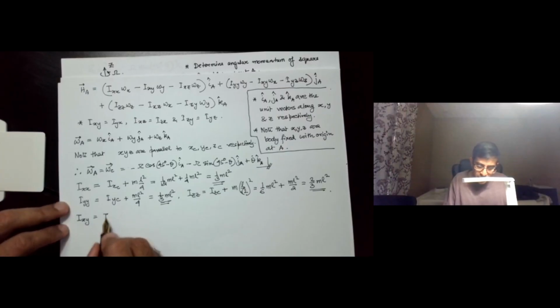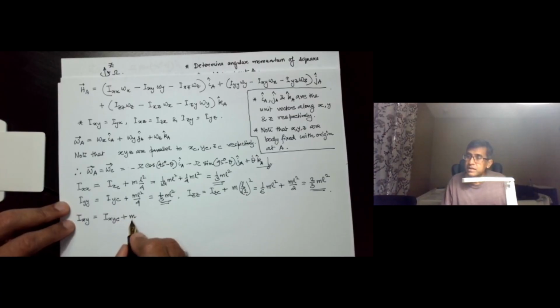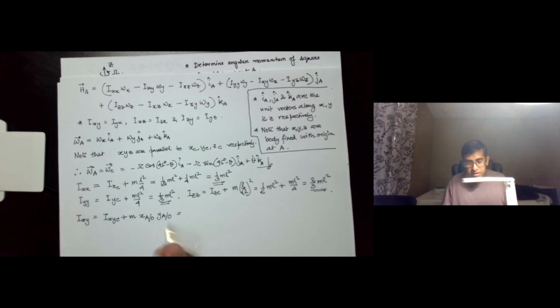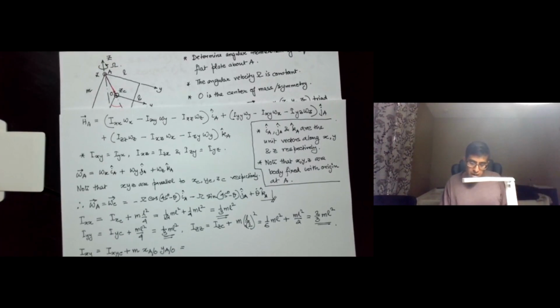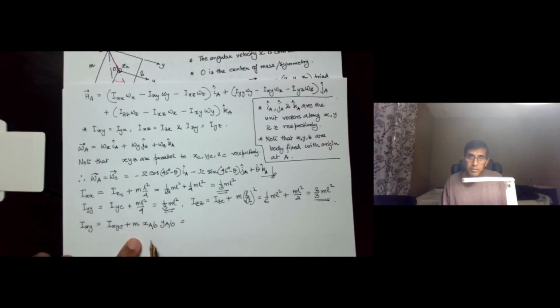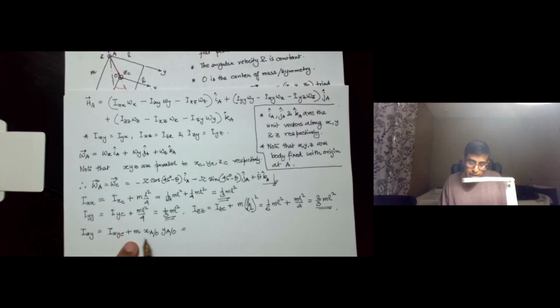Ixy is going to be the Ixy about the center plus mass times x of A with respect to O times y of A with respect to O. This is essentially a product of inertia calculation through the parallel axis theorem.